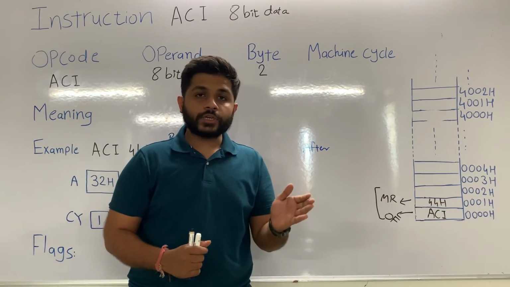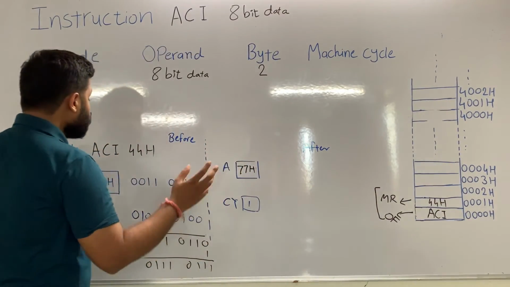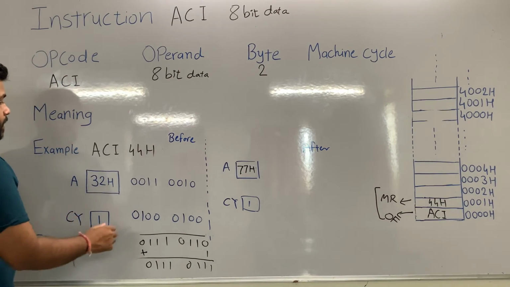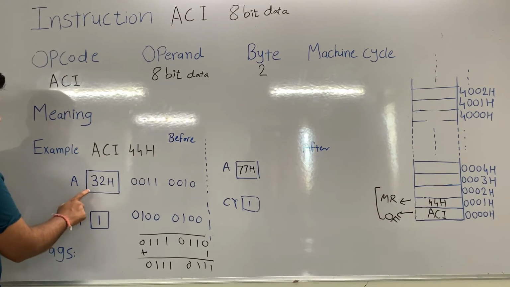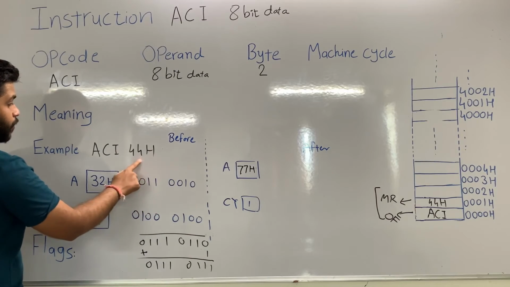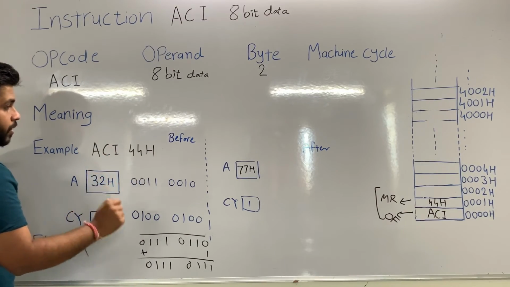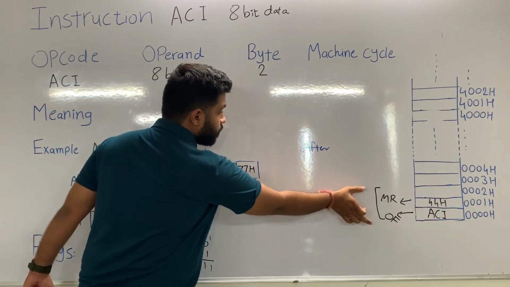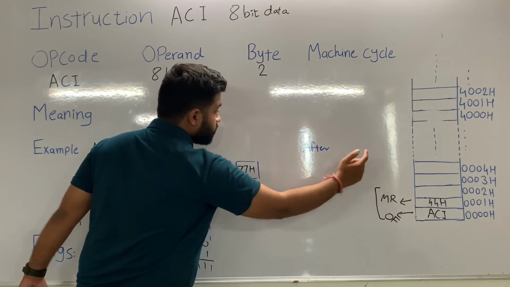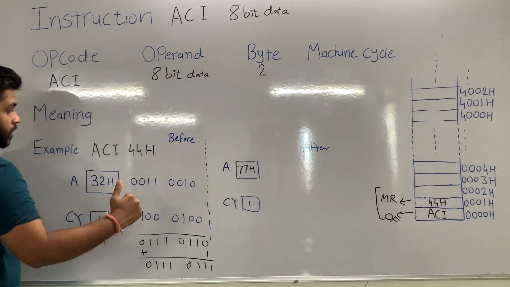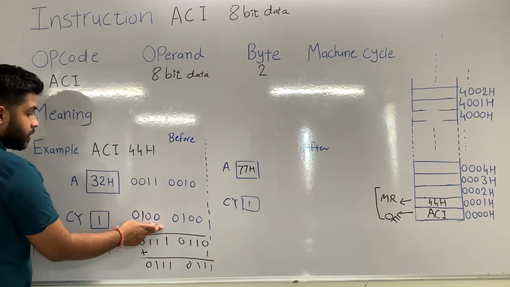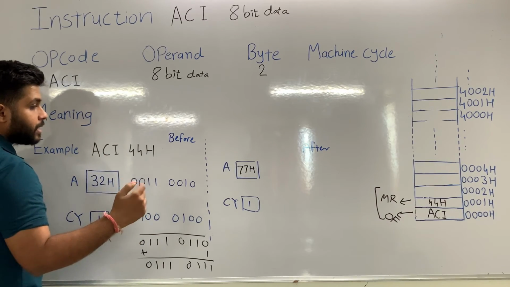Now let's pay attention to the execution process. In the execution, what is happening is that the addition is being done between the accumulator and 44H. If you remember, during the instruction fetch process, this 44H is already transferred. So 44H is already present when the execution is happening.